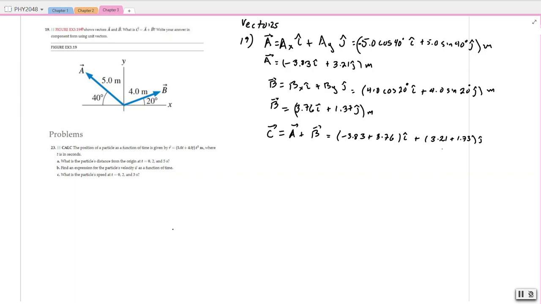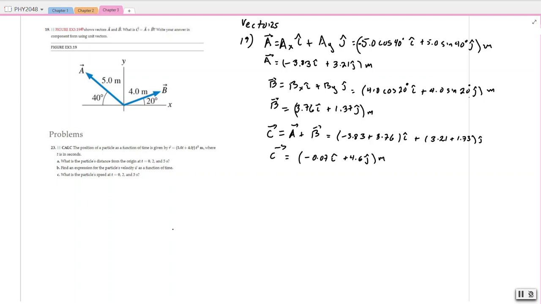j. So we're going to get, of course, that this vector C is equal to negative 0.07 i plus 4.6 j, and of course the unit here is meters.